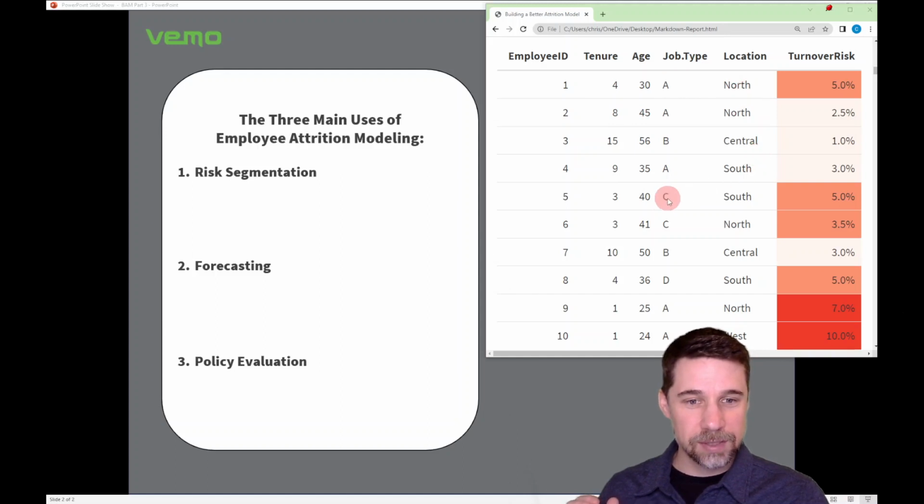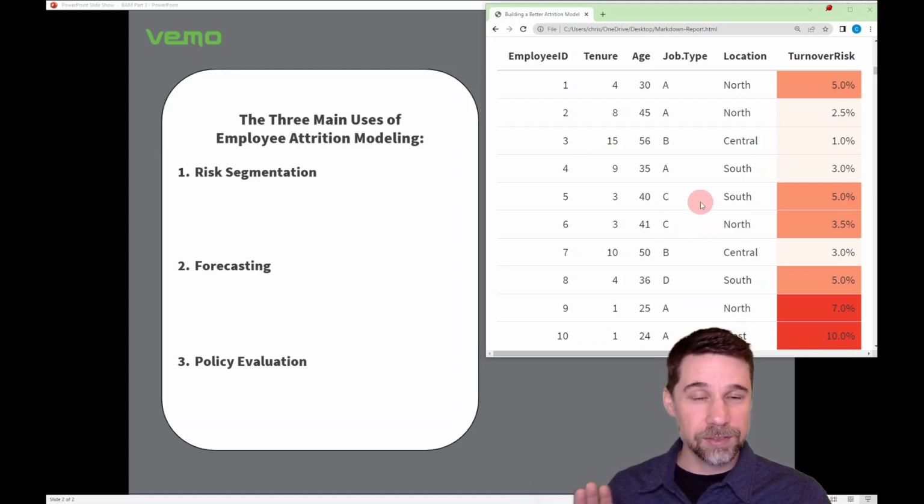So if we look at the example of employees 5 and 6, we can see these employees have the same tenure value and their age is roughly equal. One is 40, one is 41. Now, if our model had only included age and tenure, these employees would have roughly the same risk. But we have these other factors in this model. We have job type and location. These employees have the same job type. They're both in job C, but one of them is working in the south location and one is working in the north location.